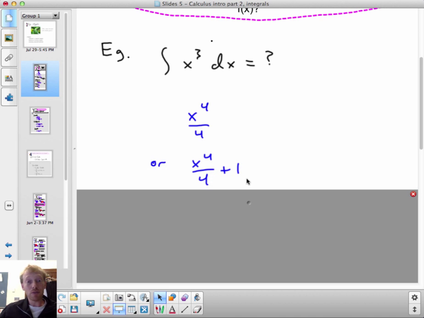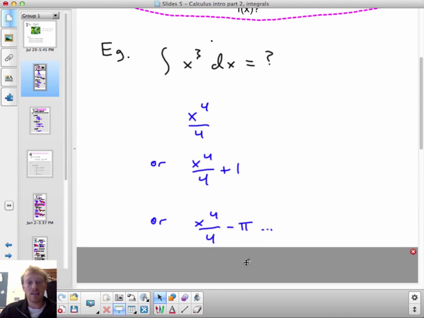There's actually another function that would also have a derivative of x cubed, and it's x to the fourth over 4 plus 1, because the derivative of this constant 1 is 0, so the derivative of this function is x cubed. And come to think of it, no matter what constant we add to x to the fourth over 4, the derivative of that function would be x cubed.